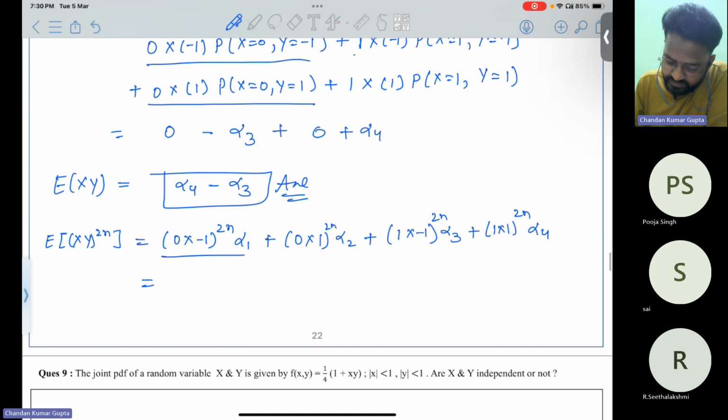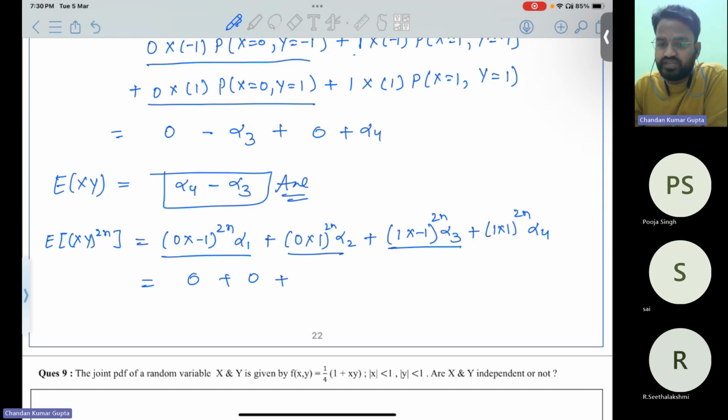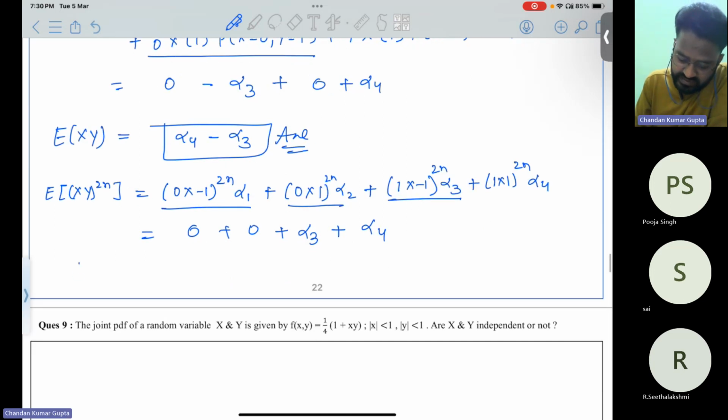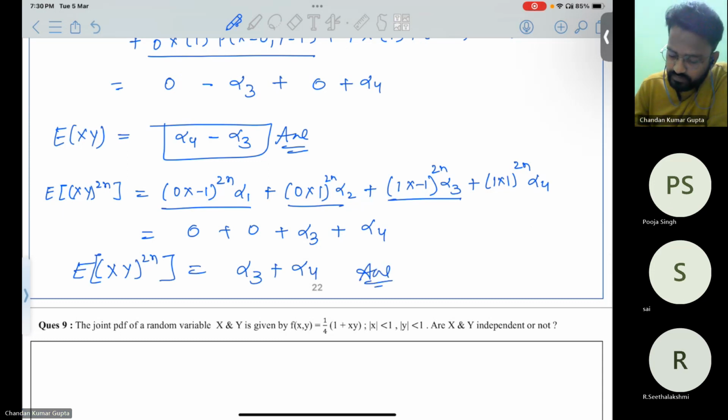The first two terms come out to be 0. Because it is power 2n, that means it is an even number, so we get alpha 3 and alpha 4. The expected value of xy to the power 2n comes out to be alpha 3 plus alpha 4.